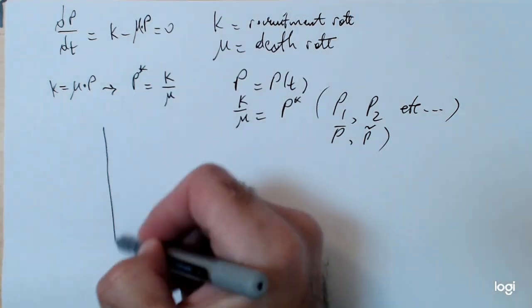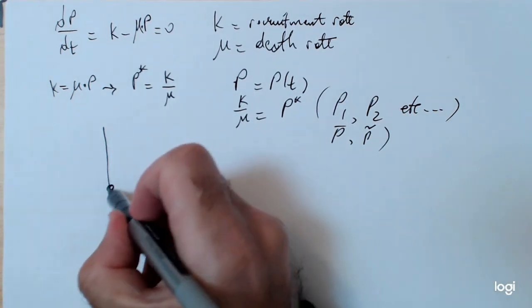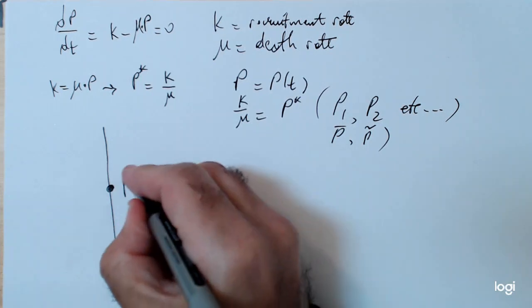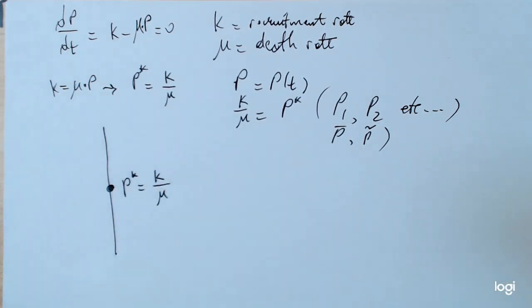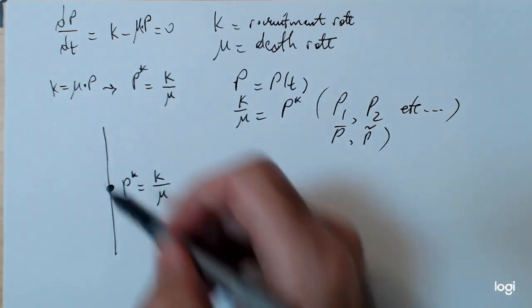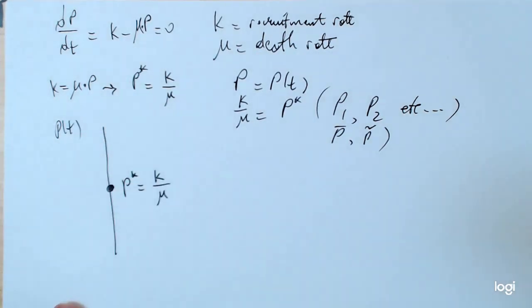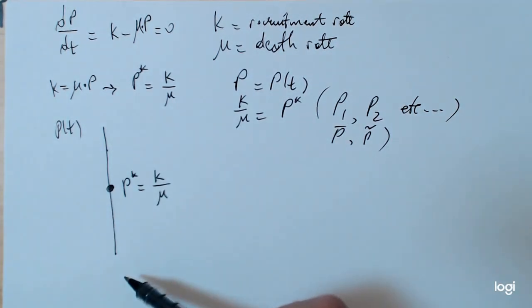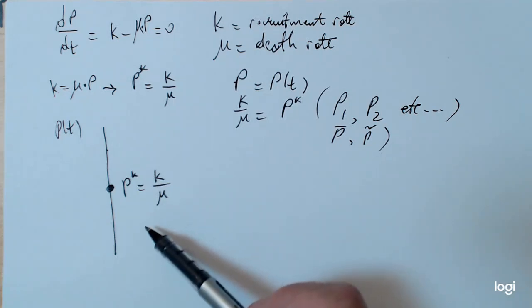The phase line analysis basically entails only one possible sign change around the equilibrium point k over mu. There's only one equilibrium point, and this is the axis for p of t. What is the sign of p prime of t, depending on whether you start above or below this p star, this equilibrium point?